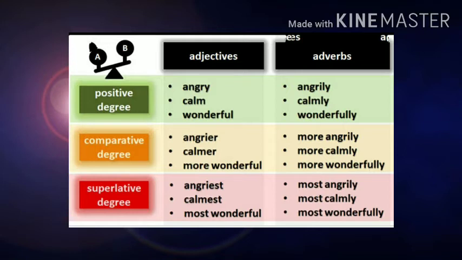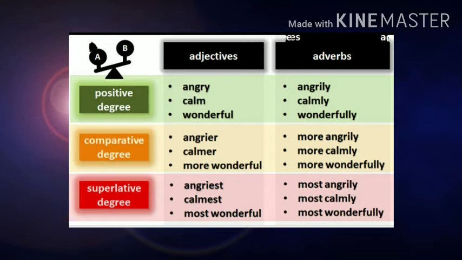When it is calm, the adverb is calmly. Likewise, wonderful becomes wonderfully. So we have to change the words according to the adverbs and adjectives in your degrees of comparison.